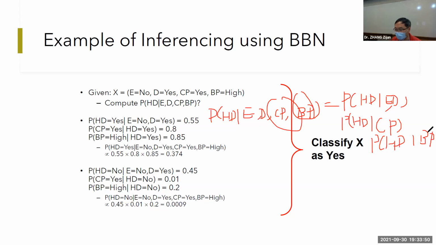E and D are not independent; HD is dependent on E and D, but independent from CP and BP. Based on the naive Bayes assumption, we can decompose it into this kind of structure.